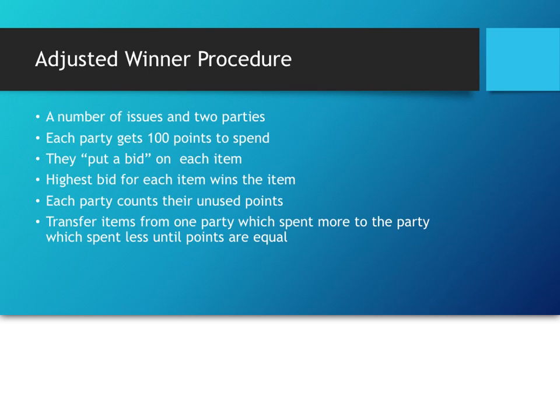There's a bid, and then there's an adjustment. The adjustment is that each party counts their used points, and you start swapping items until the number of points people spent is more or less equal. Alright? So let's do an example.